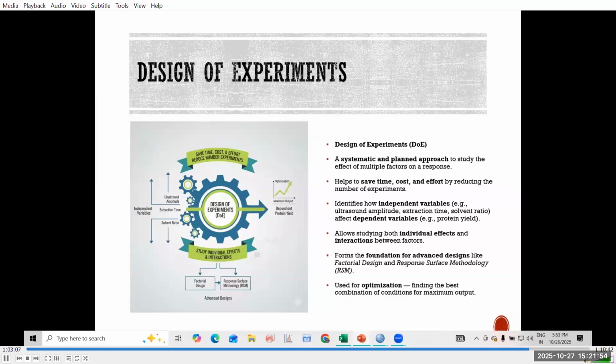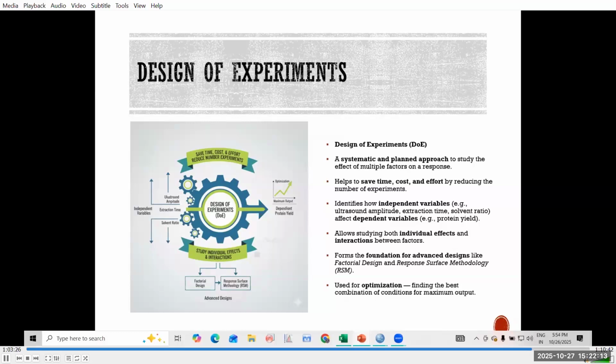For example, in my case, the independent variables might be ultrasound amplitude, extraction time, and solvent to solute ratio, but the dependent variables can be protein yield, efficiency, protein recovery, and protein content.